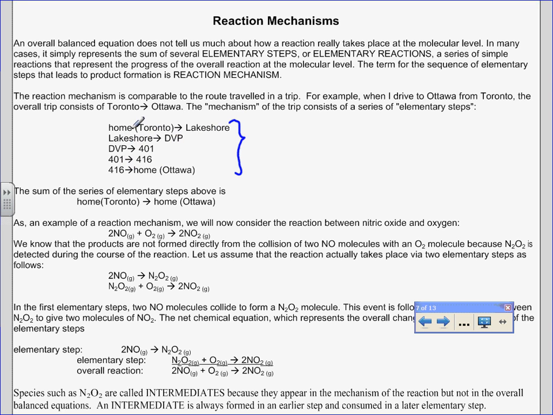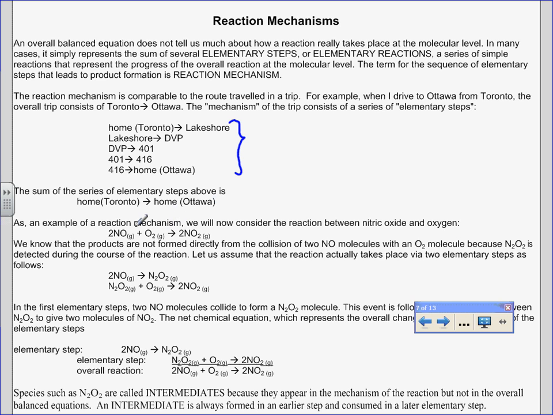The overall journey is going from Toronto to Ottawa. And when we add up all of these elementary steps, that's what we see is the overall journey. So we've done a lot of adding up of reactions in this course. And this is another case where we can add up the elementary steps to get the overall reaction.